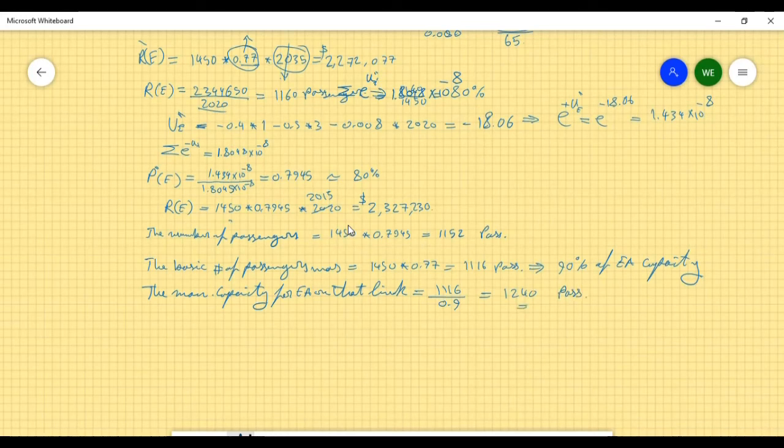That means the maximum revenue for EA under the new prices will be 1240 multiplied by 2015.